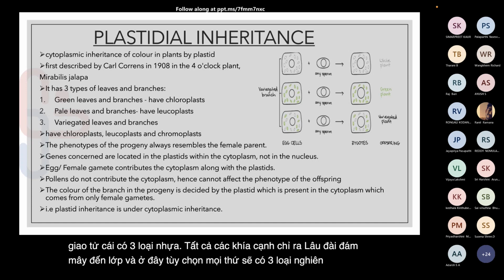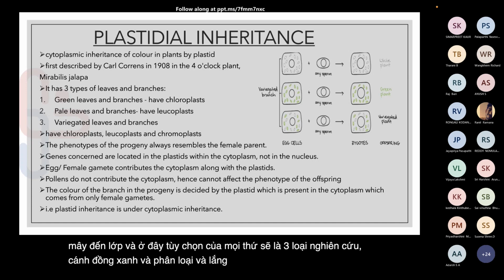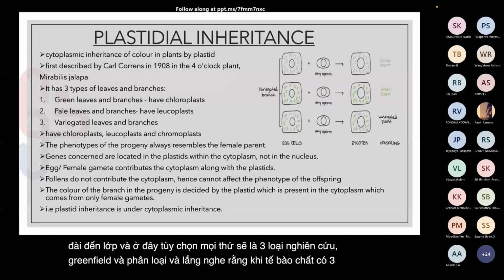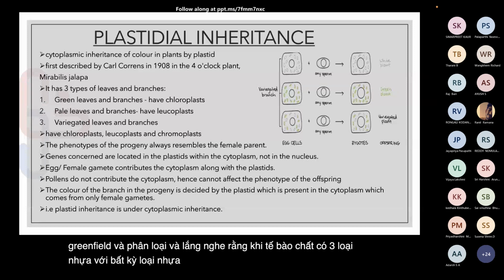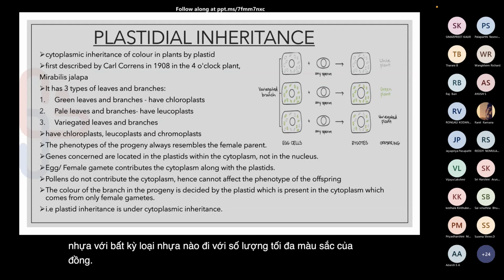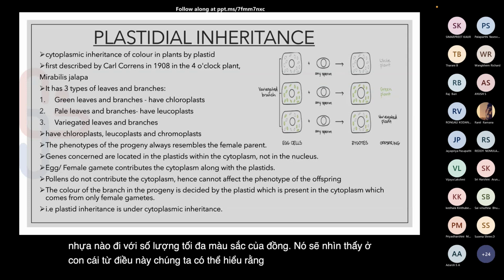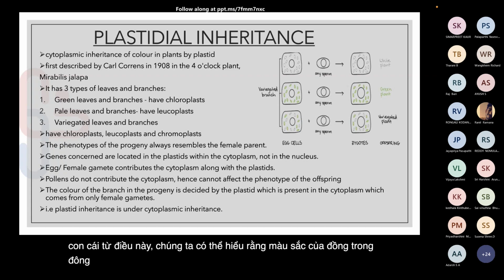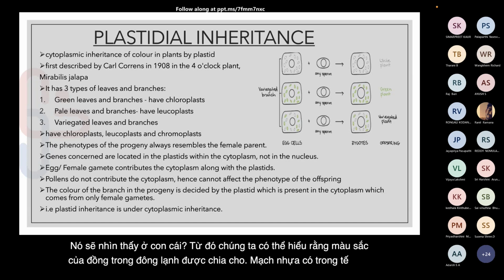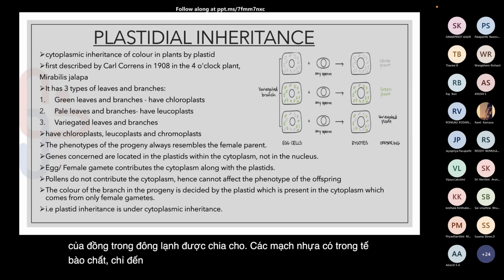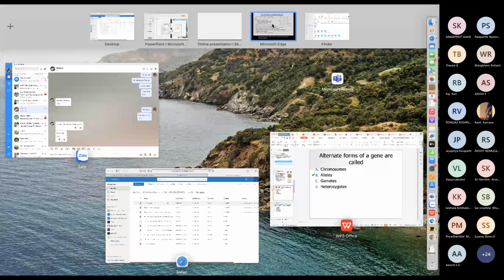This means that when the cytoplasm has 3 types of plastids, whichever plastid goes in maximum number, the color of the branch will be seen in the offspring. So from this, we can understand that the color of the branch in the progeny is decided by the plastid present in the cytoplasm, which comes only from the egg or the female gamete. That is why it is under cytoplasmic inheritance. Thank you.